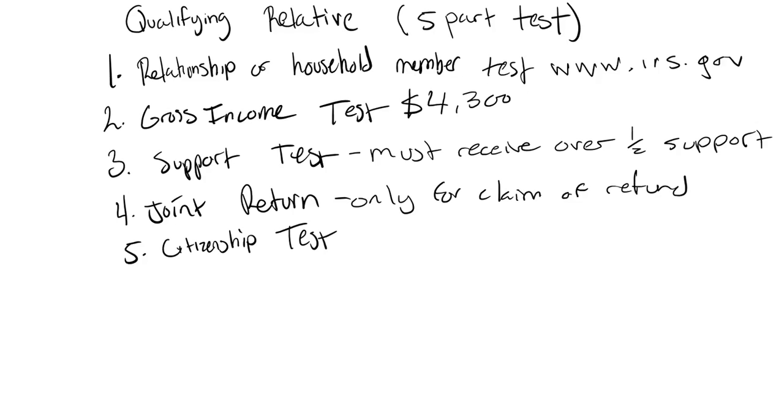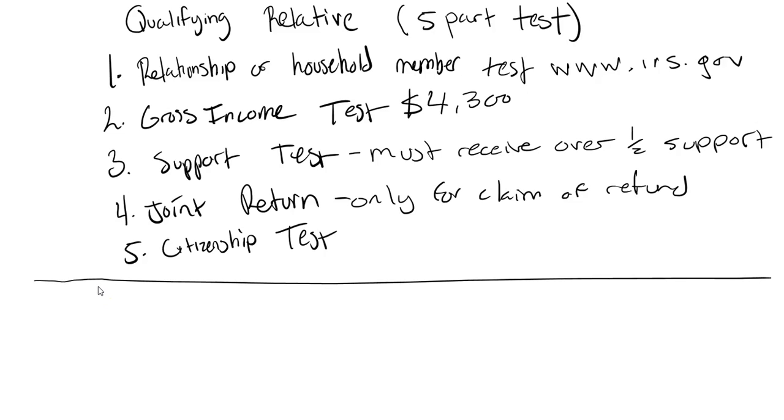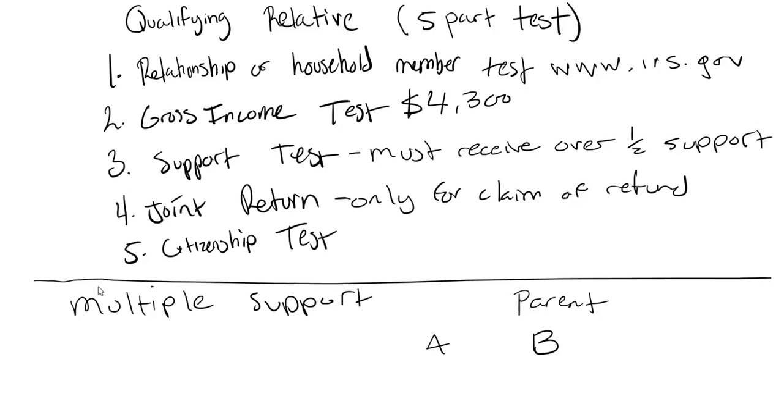In the event that you have a dependent, let's talk about the multiple support agreement. The multiple support agreement would be this situation here. Let's say you have a parent. They meet all these tests here, and they have three children. So we're going to go children A, B, and C: Alan, Brian, and Cody.